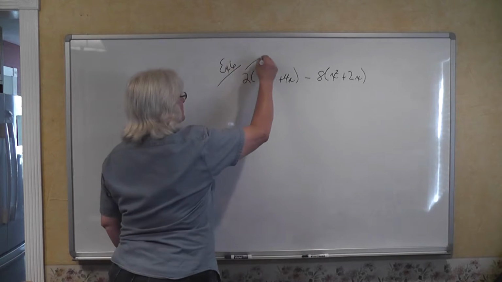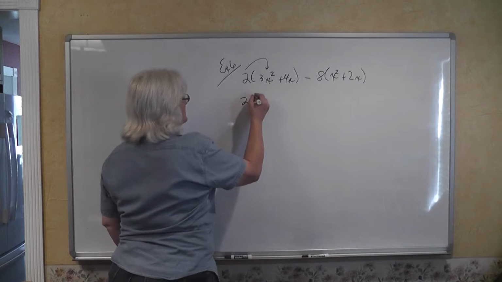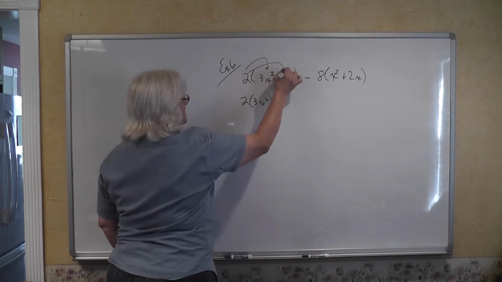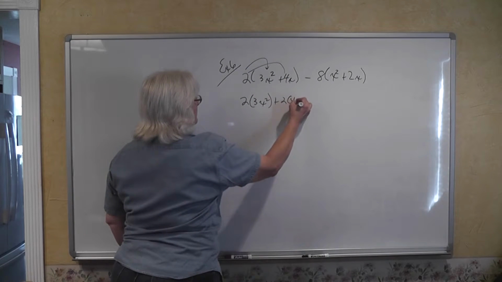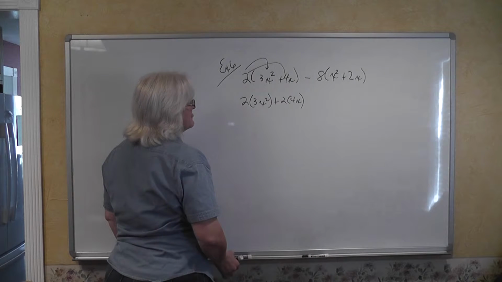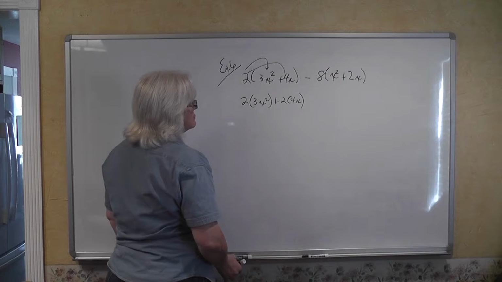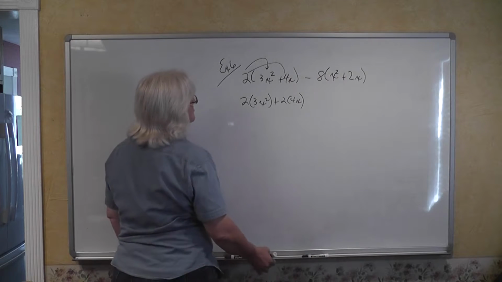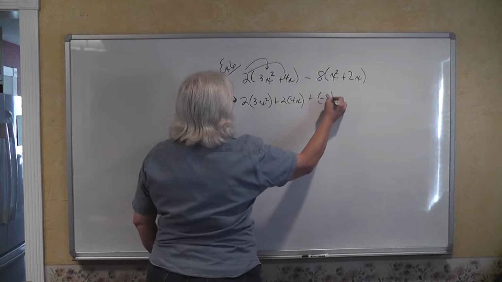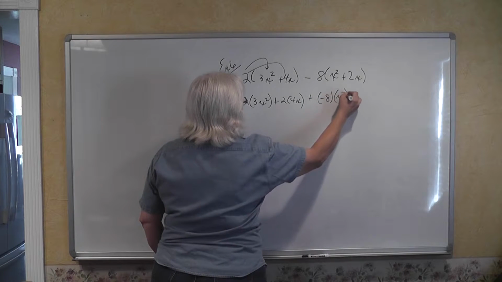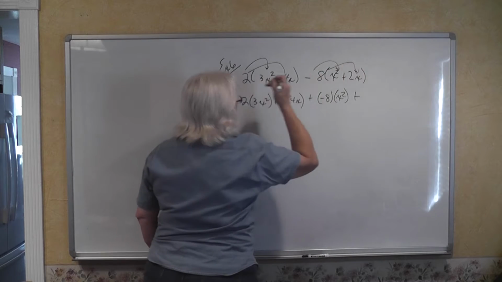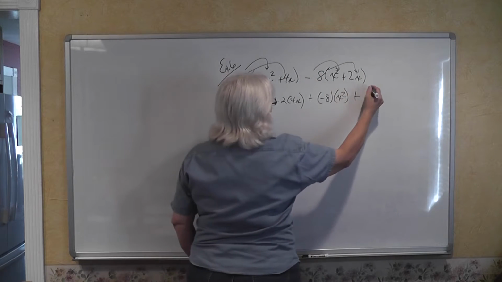We're going to multiply 2 times both of these quantities in here, 3x squared, plus 2 times 4x, plus negative 8 times x squared, plus negative 8 times 2x.